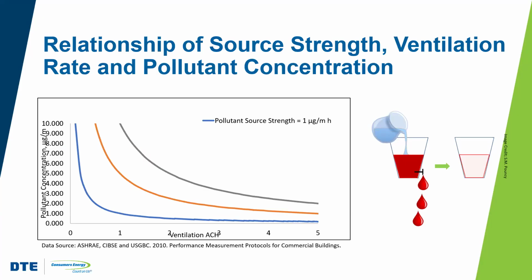That's similar to this image here, where we've got a cup of red fluid. If it's water, the red dye is a contaminant here. The water should be blue, and it's red to show the contaminants. If we were to add clean water to that cup, we're diluting the pollutants that are there. But they're still there. They're just diluted now.